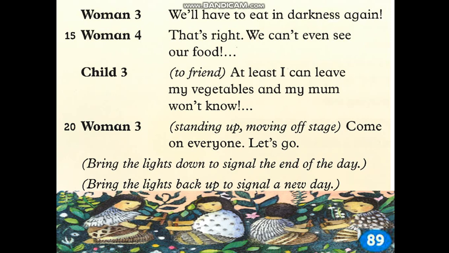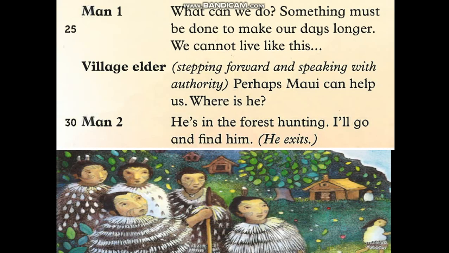So when you are watching in the theater, and you see on the stage that the lights went down and then they went up, you understand that okay, this means that the day has ended and then a new day has started. Now let's see after that.